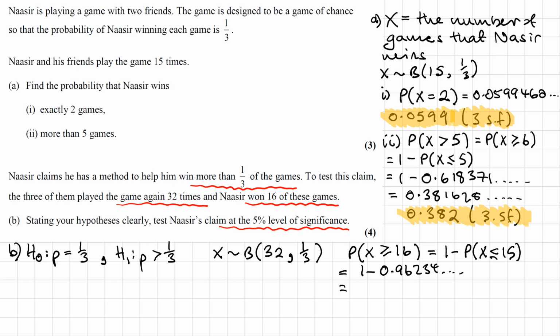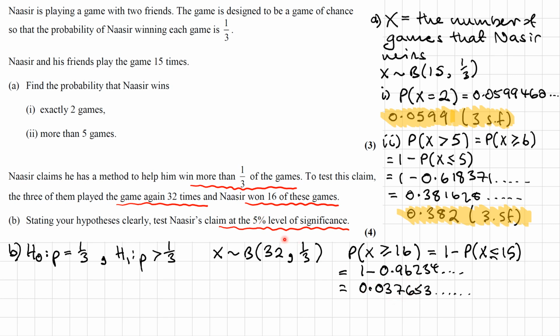Keep that value, so whenever you do this type of thing, just go back to calculator and do 1 minus answer to get an exact value, and I'll get 0.037653 and so on.